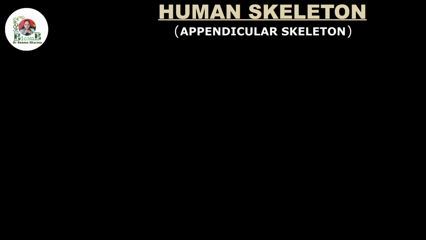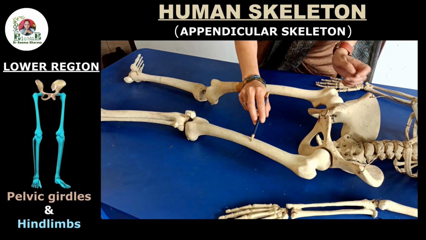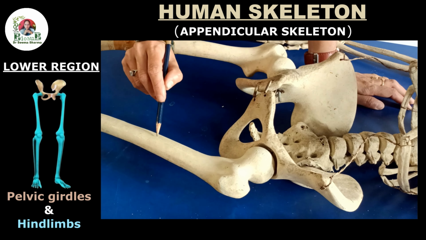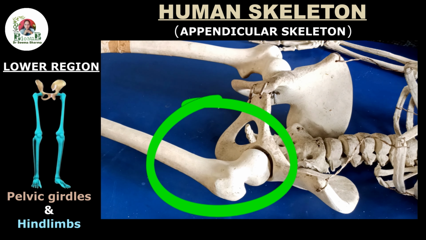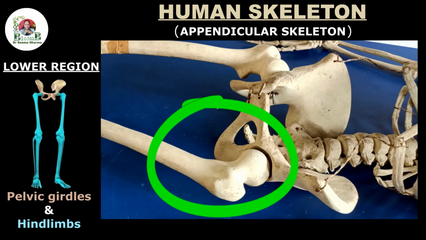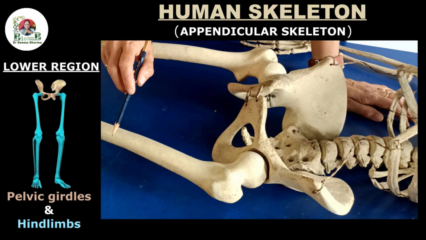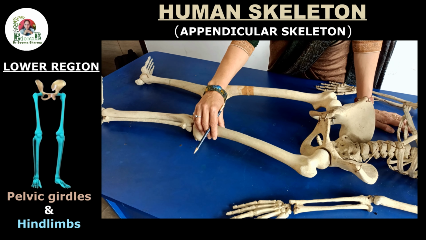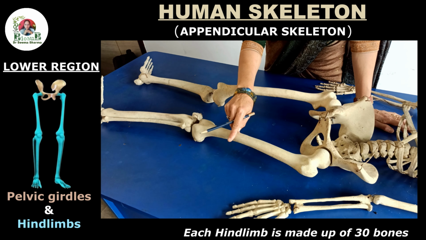Next is lower appendicular part. It includes pelvic girdles and hind limbs. Here you can see upper part of hind limb is attached to the pelvic girdle or hip girdle with the help of a ball and socket joint. Just like the forelimbs, each of the 2 hind limbs also has 30 bones.